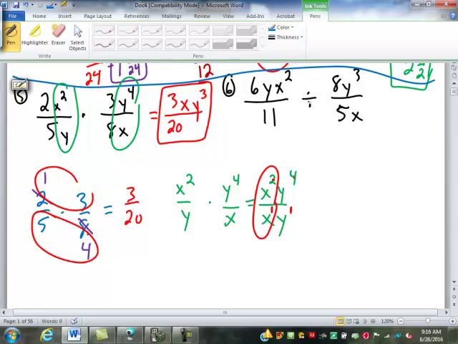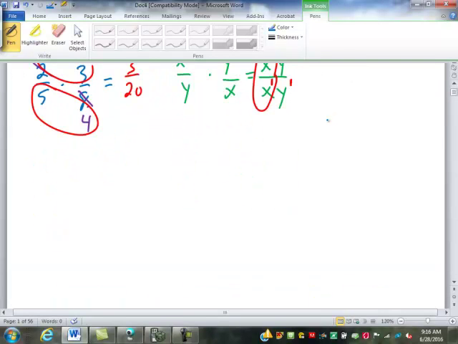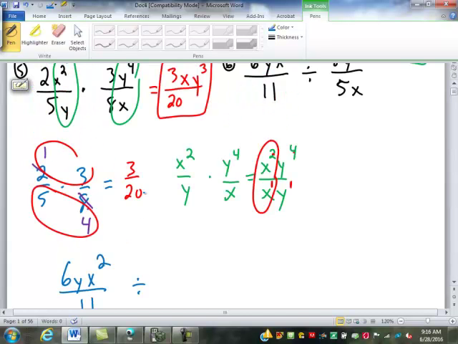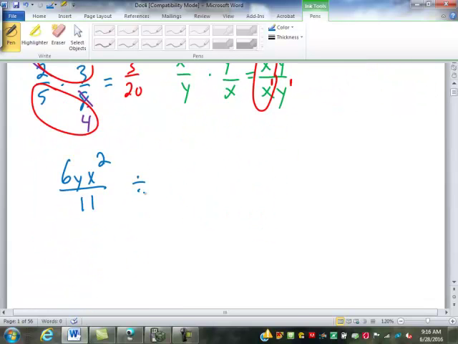Okay, so over here then, I'm going to rewrite this. 6yx squared over 11 divided by 8y to the 3rd over 5x.